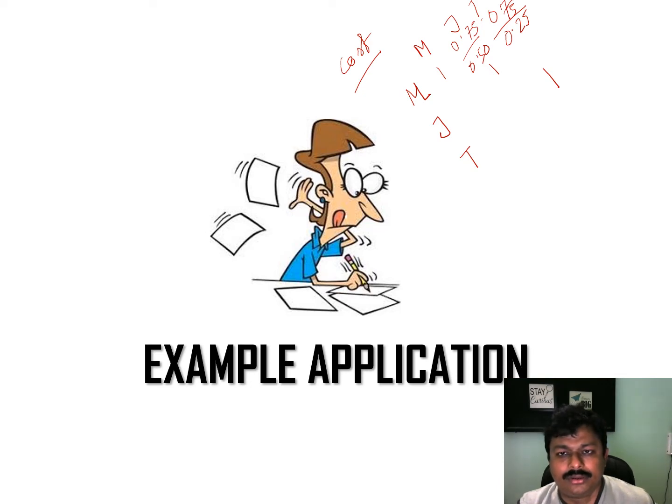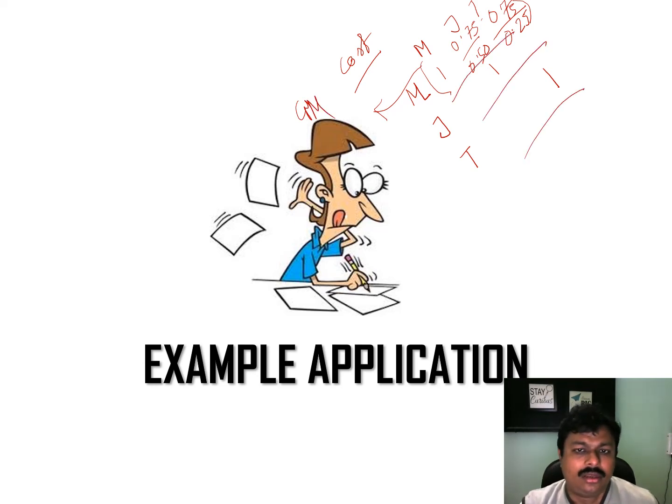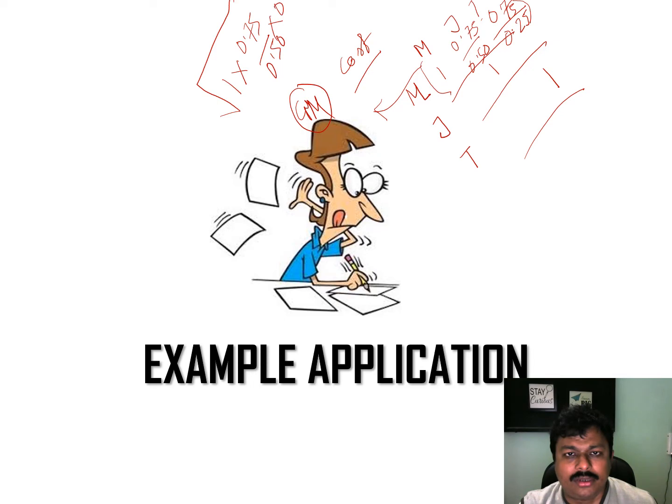Now here also, just like the criteria matrix, you have to find the geometric mean of this row, this row, this row. The geometric mean here will be 1 multiplied by 0.75 by 0.50 multiplied by 0.75 by 0.25, to the power 1/3, because there are 3 variables here.